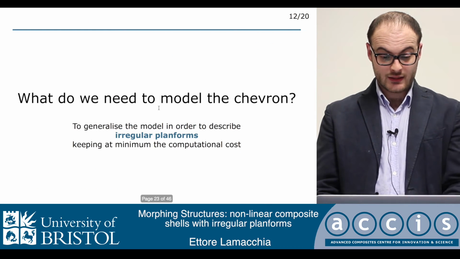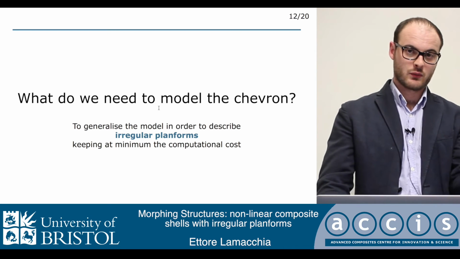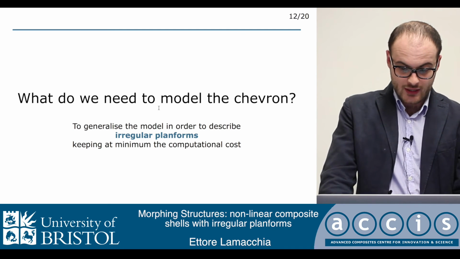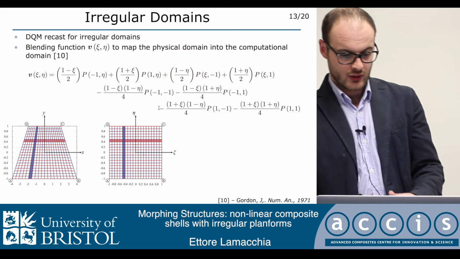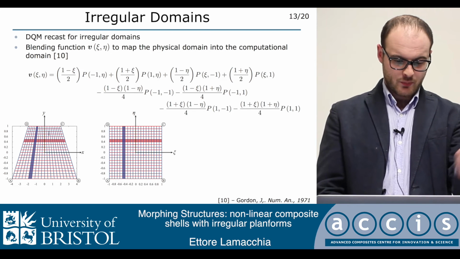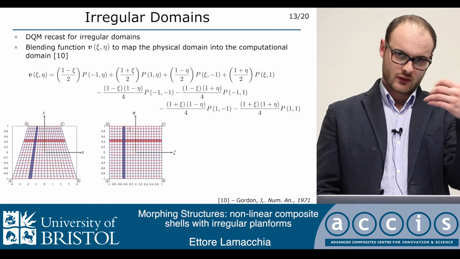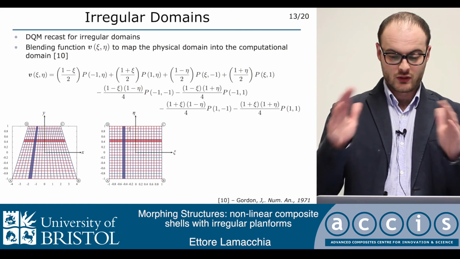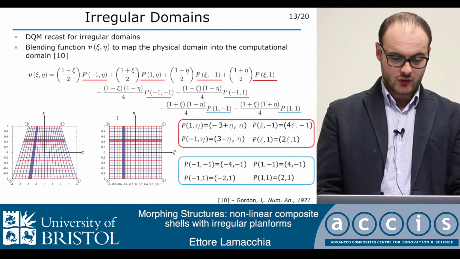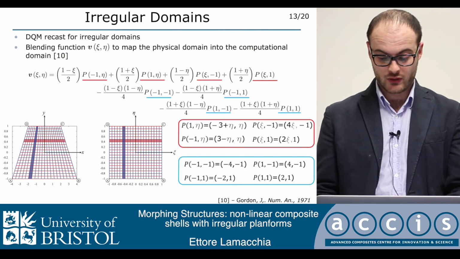And this allows us to create a passive thermal actuating morphing structure without any need for actuation. In order to model that, we have to generalize the proposed model in order to deal with non-regular planforms. And to do that, we introduce what is called the blending function, which is a linear function which essentially maps each point of the physical irregular domain to the corresponding point in the regular computational domain by essentially expressing the four edges and the four corners of the physical domain in terms of the coordinates of the regular computational domain.